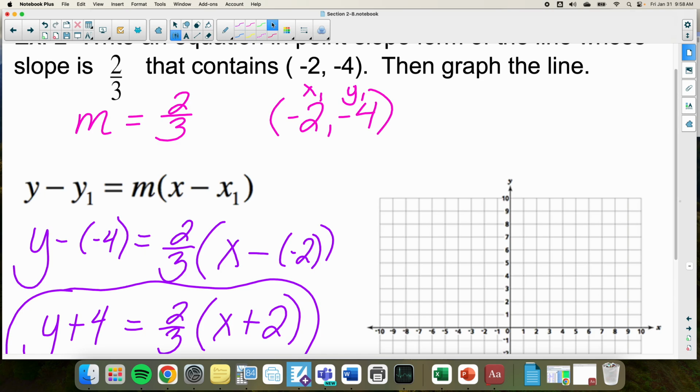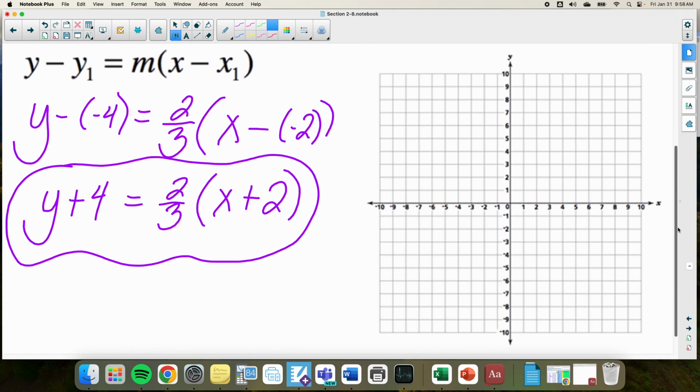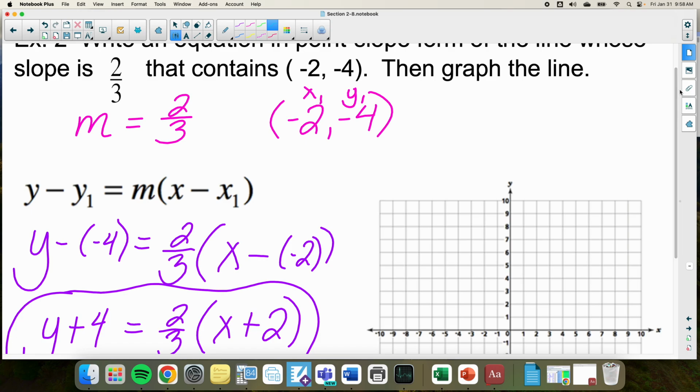So here's how I do that. I'm going to start by plotting -2, -4. So here I'm going to go -2 down to -4. And then my slope in this one is 2/3, okay? Slope is rise over run, okay? And here's how I teach slope. If it's positive, you go up.